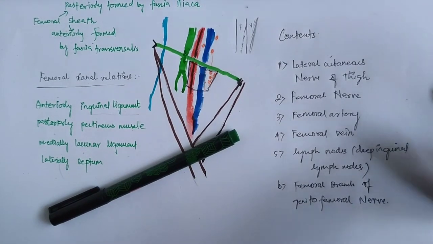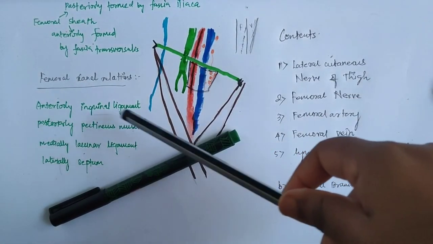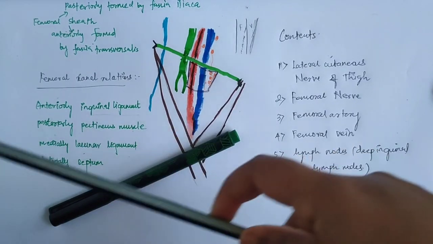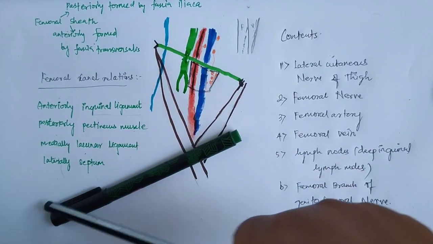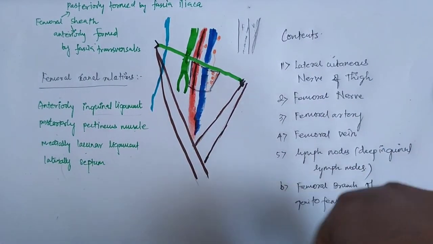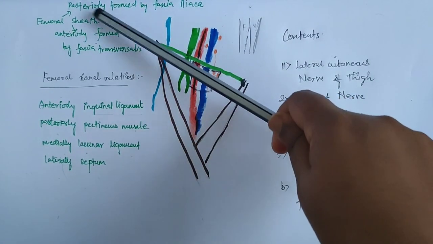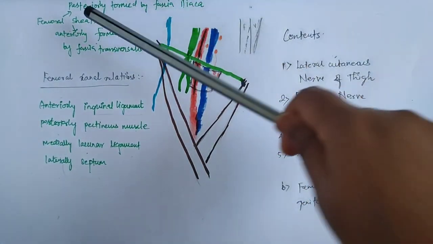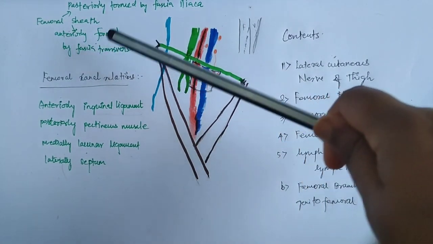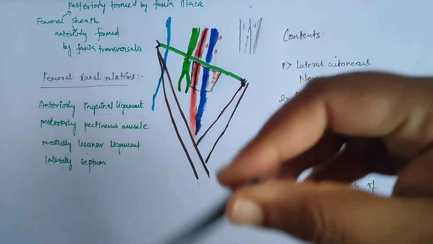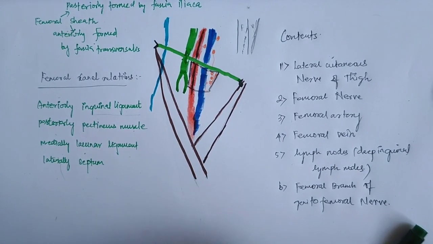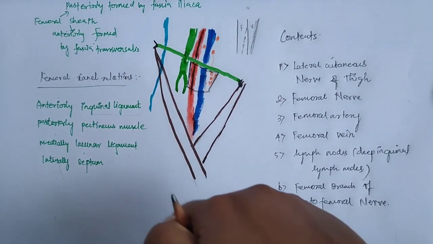Femoral canal relations are anteriorly inguinal ligament, posteriorly pectineus muscle, medially lacunar ligament, and laterally septum. Okay, that's all about this femoral triangle.